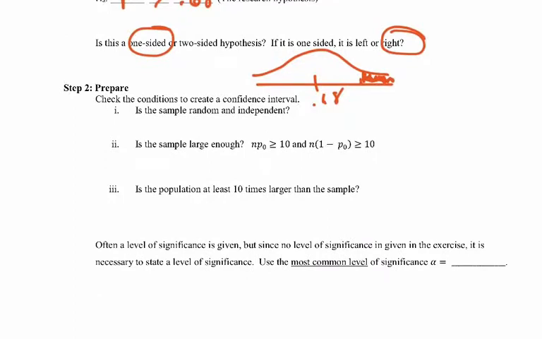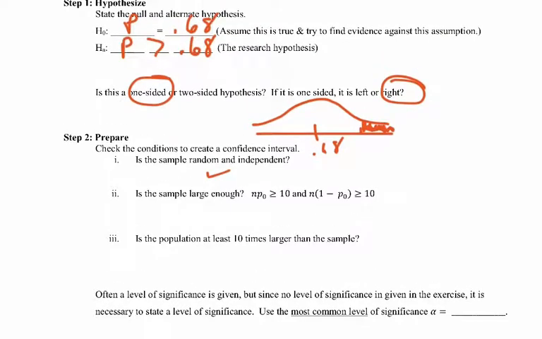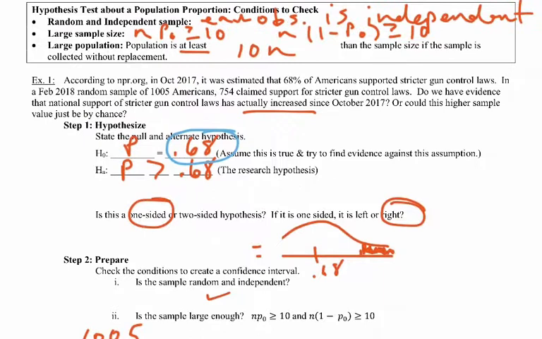All right, so let's check our conditions. It said it was a random sample, so we can assume random and independence. We have to have a sample large enough for 10 successes and 10 failures. Now, the p naught that I'm talking about is the proportion from the null hypothesis, the 68%. So in this case, to calculate the number of successes we expect to get, n was 1,005.